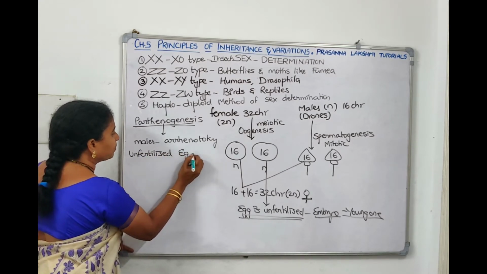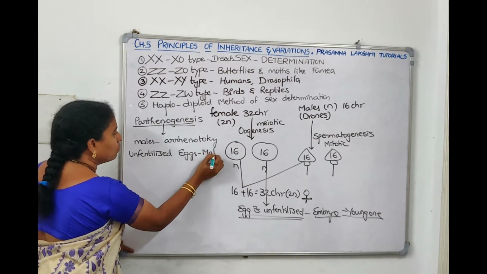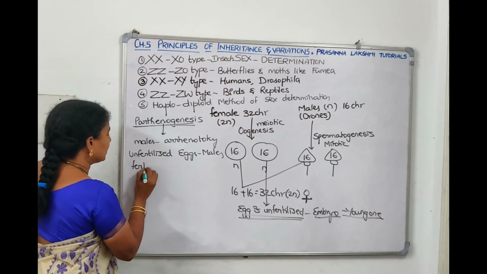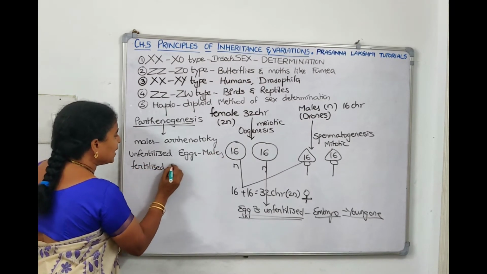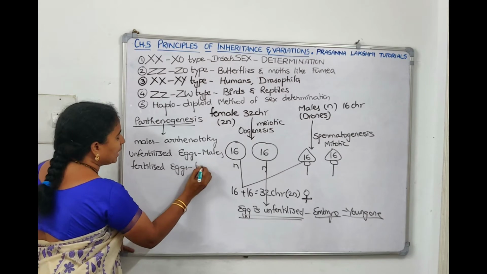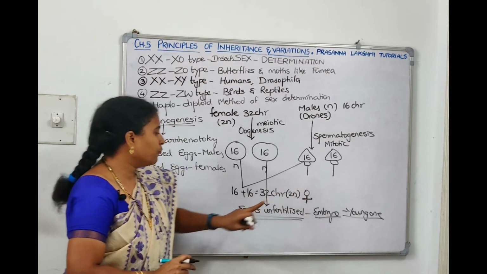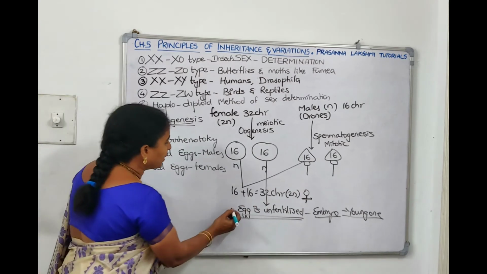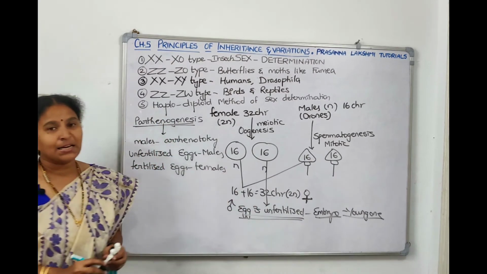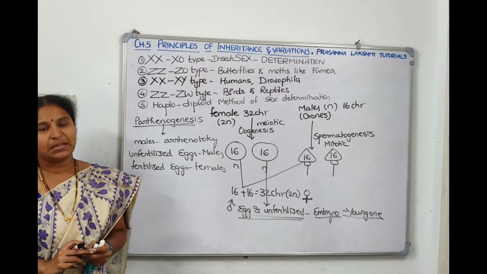So unfertilized eggs will develop into males, whereas fertilized eggs will develop into females. That is why the males are haploid and the females are diploid.